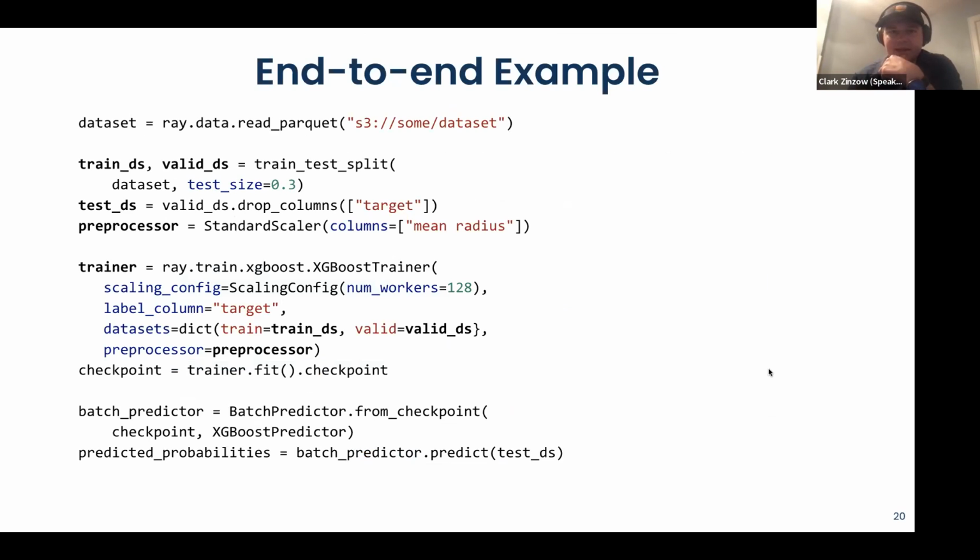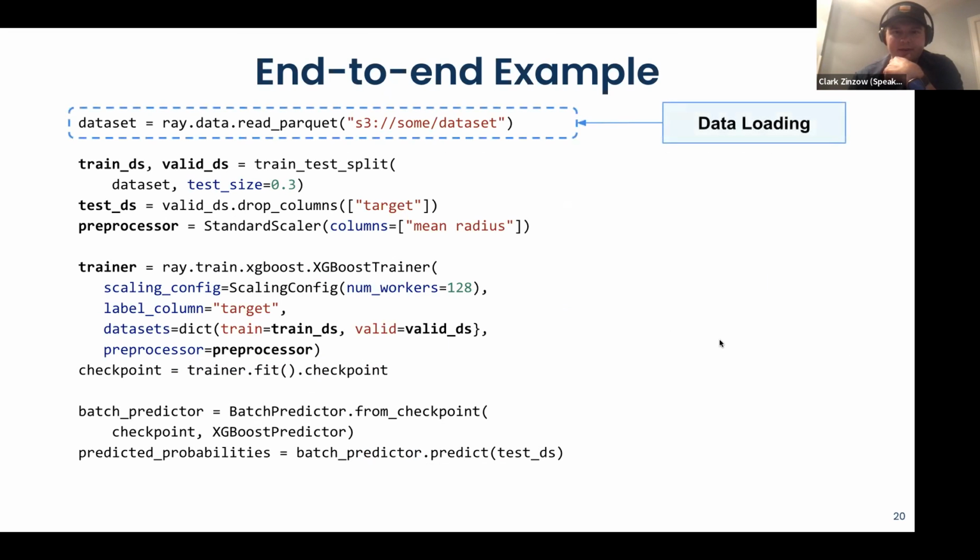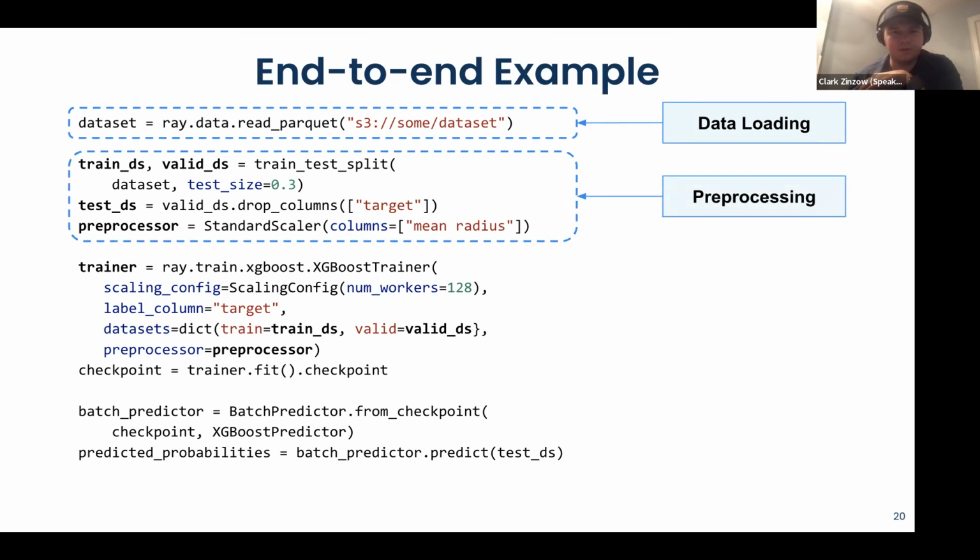So an end-to-end example here is basically a full ML pipeline on top of Ray Air. This is showing us loading a data set. As you can see here, that's it. You're just loading a potentially gigantic, multi-terabyte data set from S3. You do a little train test split and a couple of other little pre-processing operations.